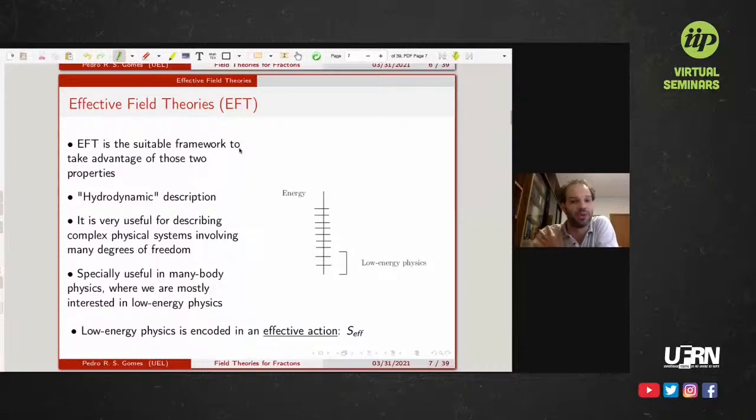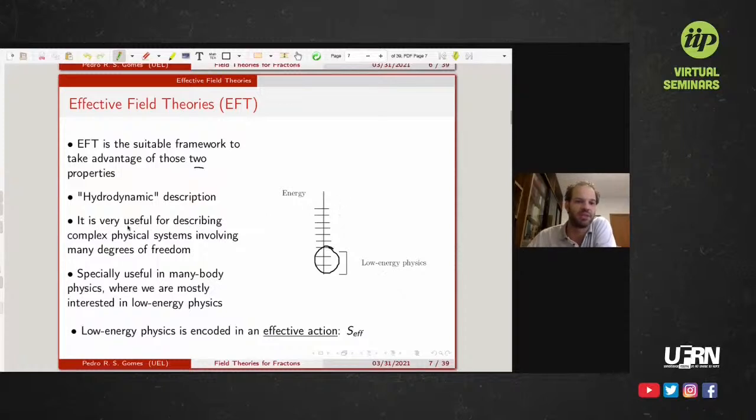Okay, and now we move to effective field theories, and the effective field theory is the suitable framework to take advantage of these two properties. The key point is that we can always provide a kind of hydrodynamic description in the sense that we can focus on the low energy physics without considering the high energy sector of the theory.